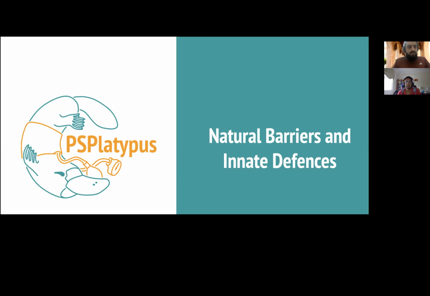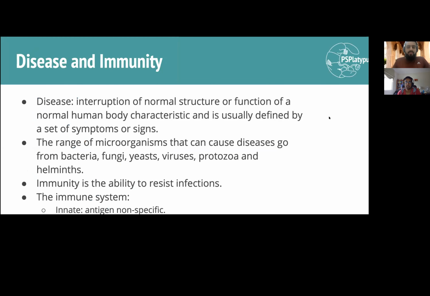I think this was done by James. So we'll go through some basic things just for review, and we went through some terms like inflammation, fever, and talk a little bit about natural flora. So let's start with some terminology.